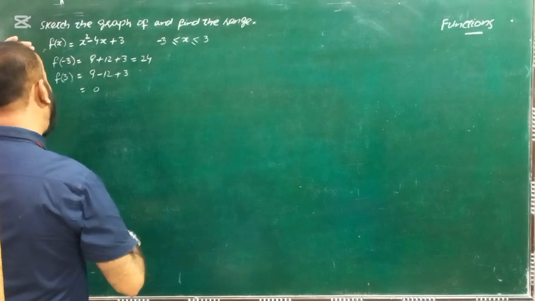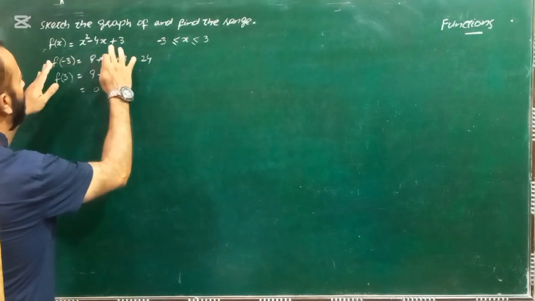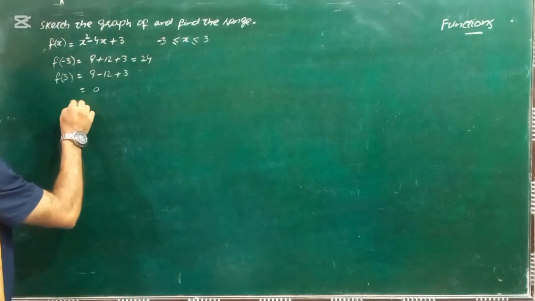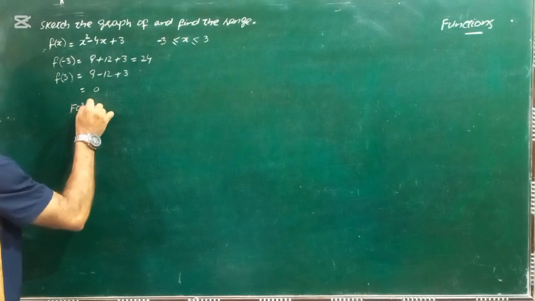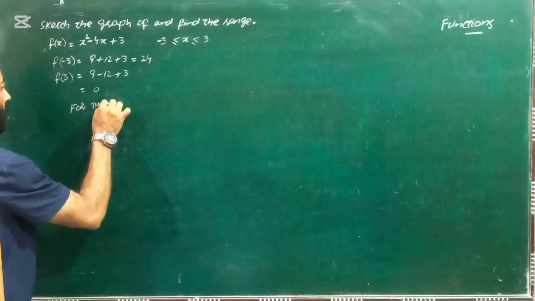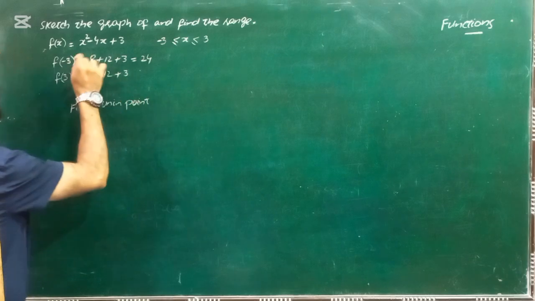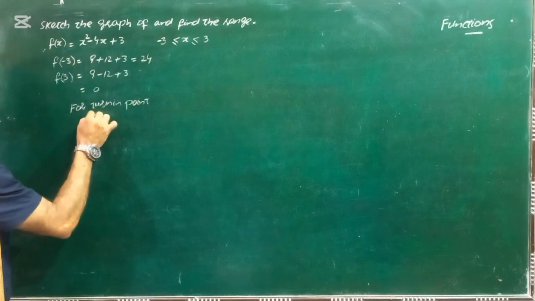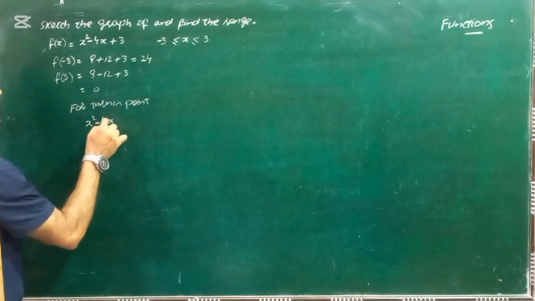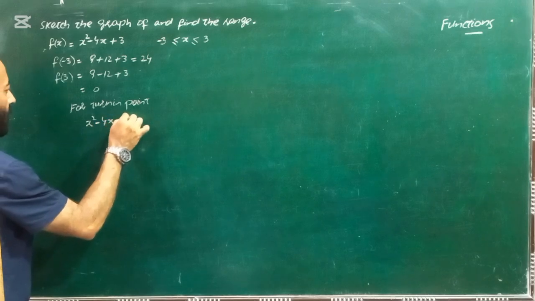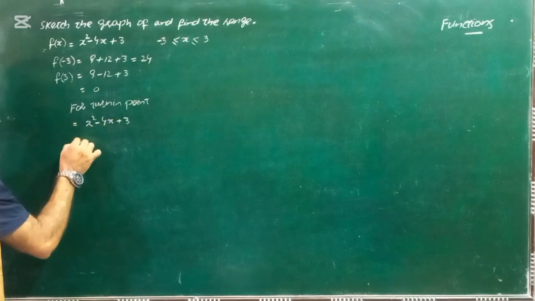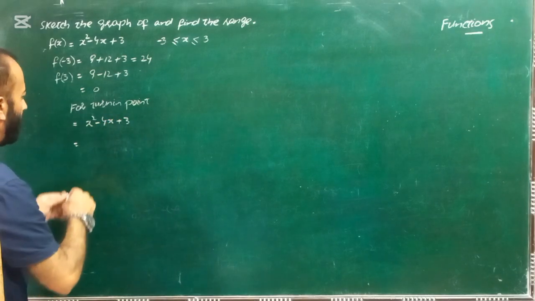And now we will find the turning point of the curve. So look now, for the turning point: x square minus 4x plus 3, this is very important. Concentrate yourself. x square minus 4x plus 3. It is arranged in descending order.